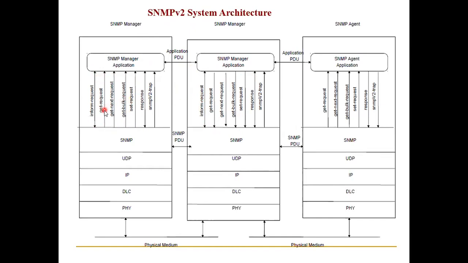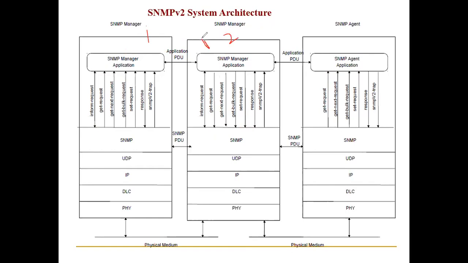The next message in the manager is get request. Here also get request, but here the arrow is this way and this arrow is outward. Why like that? Here in the trap case also I have the get request which is going towards the agent. So considering this manager and this manager, if I say that I select something, this is my first manager, manager 1, and this is my manager 2.